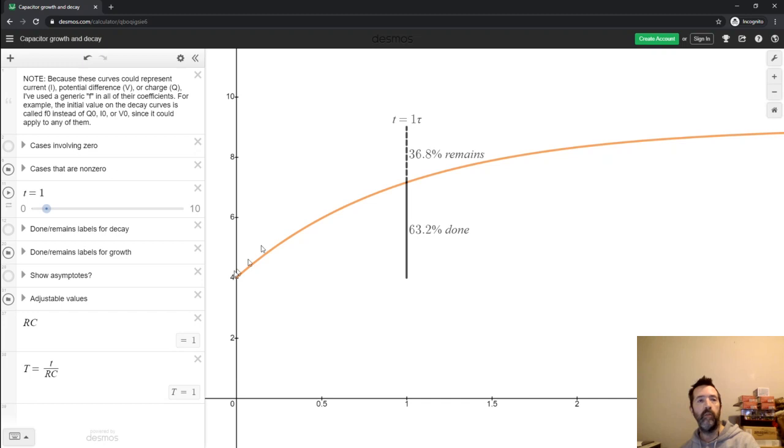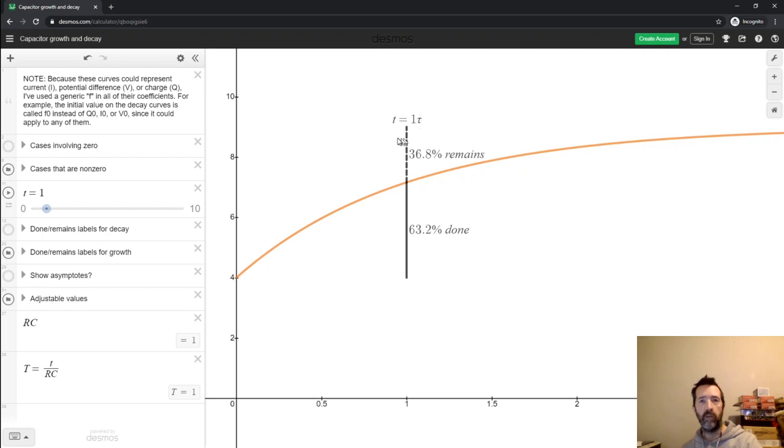So this system, with the values I have here, is starting at 4. That could be the charge Q measured in coulombs, or it could be the potential difference of the capacitor in volts or whatever. That doesn't really matter. So let's say 4 coulombs is the initial charge. And it looks like I'm asymptoting towards 9 coulombs.